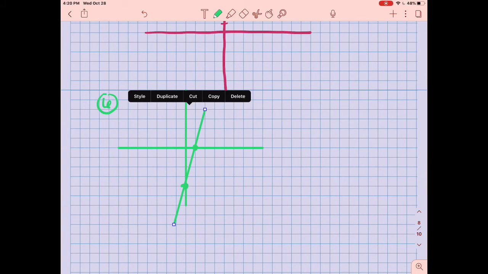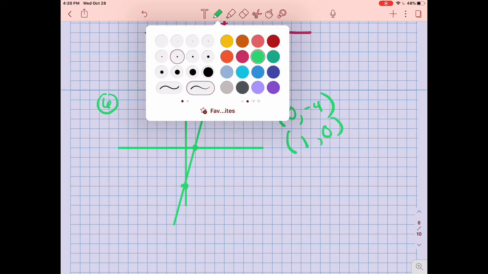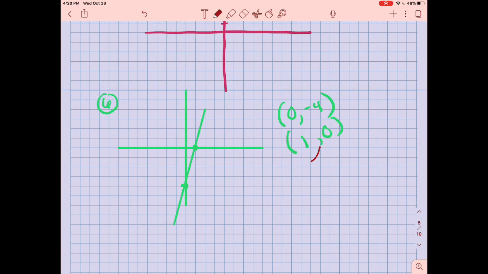So you can see that the intercepts, where x is 0, y is negative 4, and where y is 0, x is 1. So we have an intercept here, and we have an intercept here. One crosses x, and one crosses y. And that will be your answer.